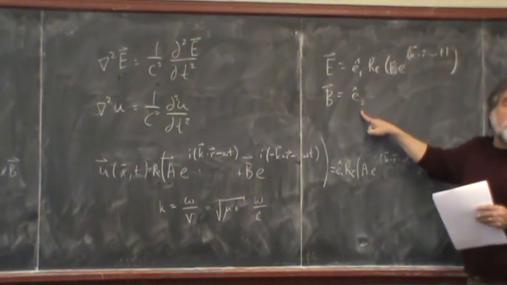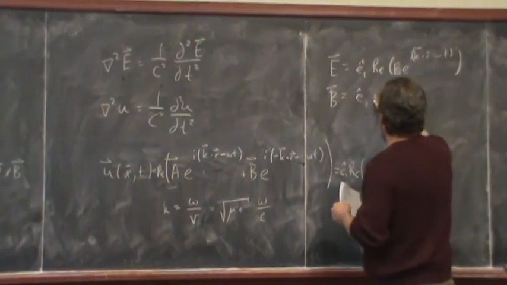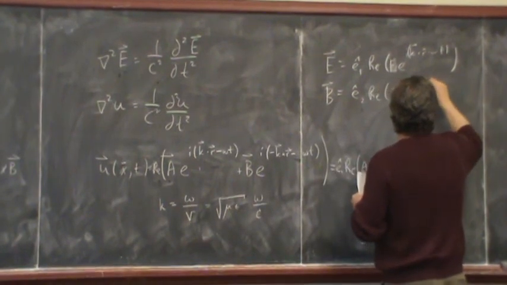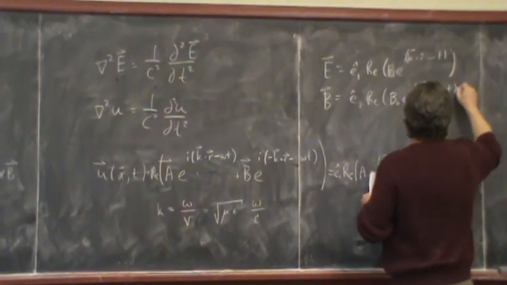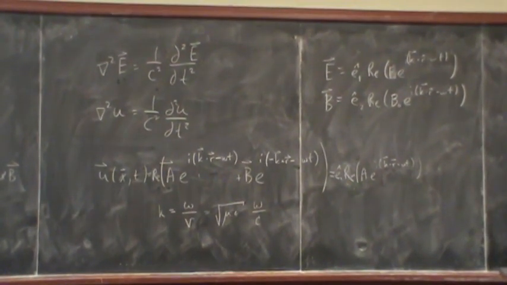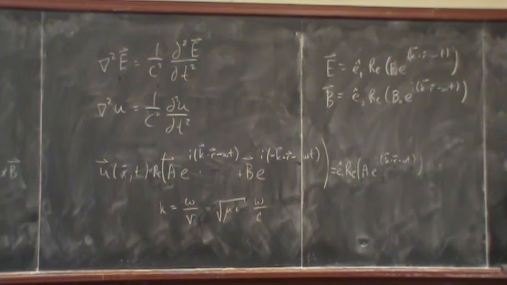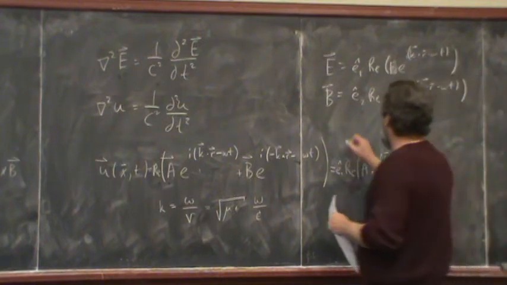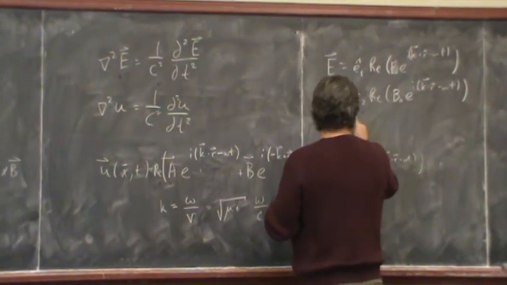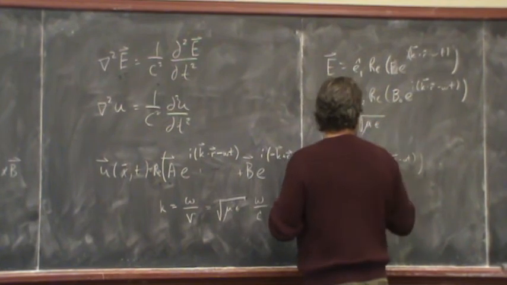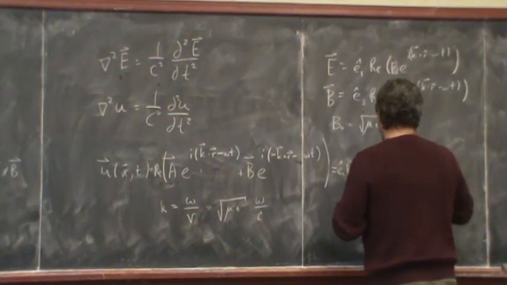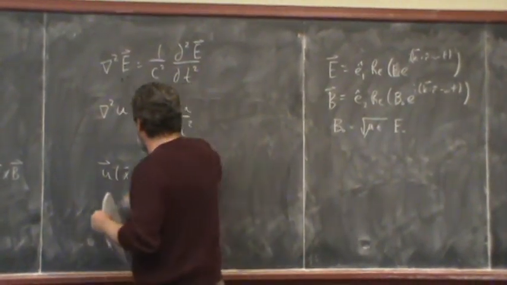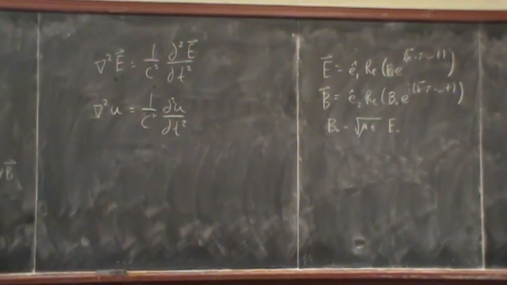We're going to look at the relationships that have to hold there now. Real E naught e to the i. They're both solutions to the same wave equation, so the forms of the solutions are going to be the same. And then I have the relationship B naught is equal to the square root of mu epsilon E naught. So that's what my solutions look like.